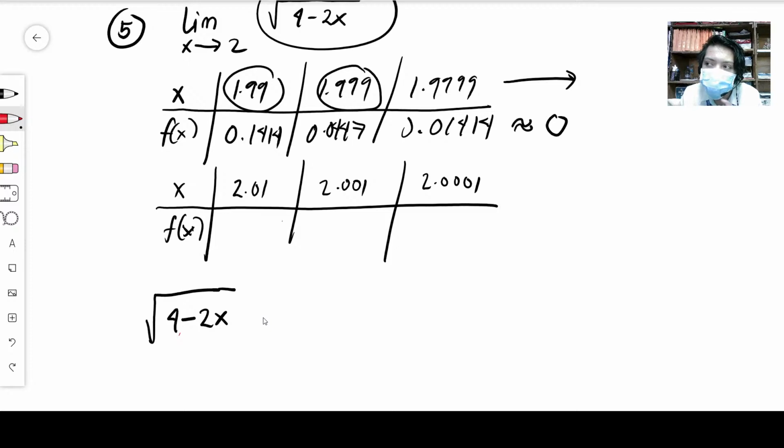Now, if you use, for example, 2.01, this is 4 minus 2 times 2.01.